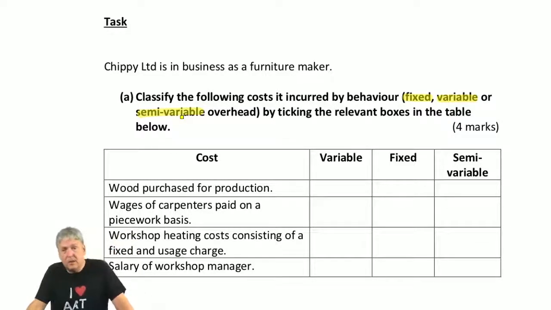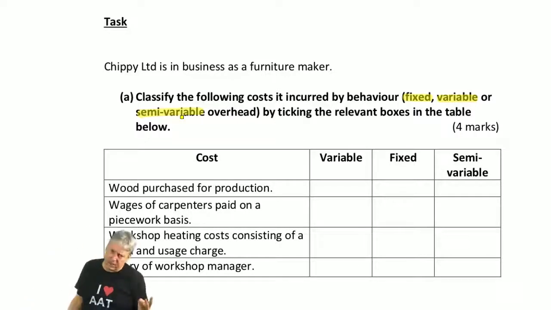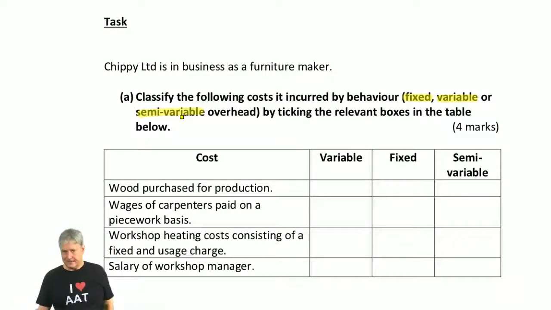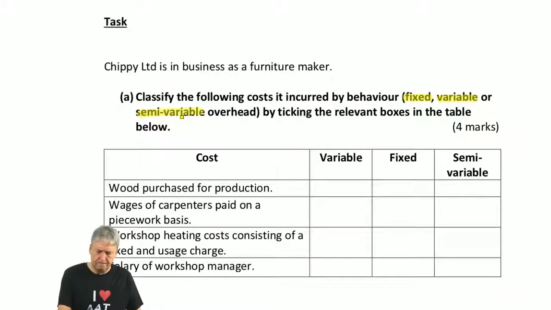So I'm going to ask you the questions. Wood purchased for production. Now, they are furniture makers, pardon me. Presumably they measure out a certain amount of wood for a certain component or thing that they're making. So what do you think? Variable, fixed or semi-variable? We've got a 1 in 3 chance here just by guessing. What do you think?